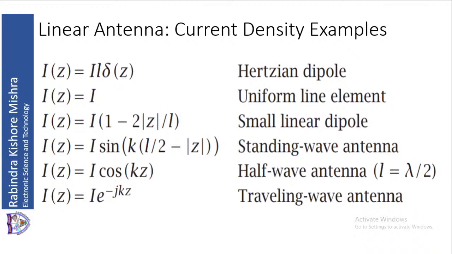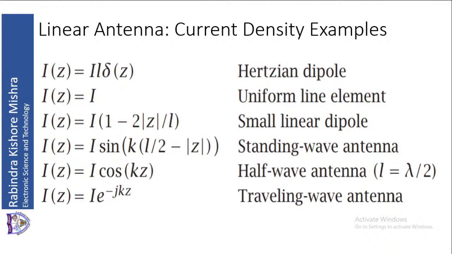Then the next one is the half wave dipole antenna. The half wave dipole antenna is like a standing wave antenna, but you just put L equal to lambda by 2. Lambda is the free space wavelength, so lambda by 2 is half the wavelength. Since L is equal to lambda by 2, half the wavelength, we call this the half wave antenna.